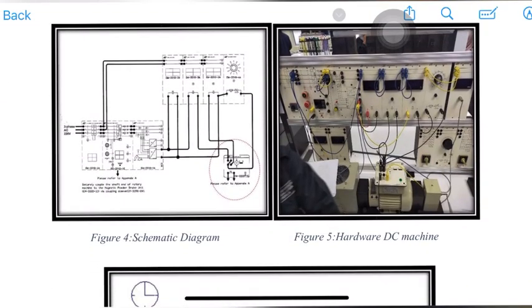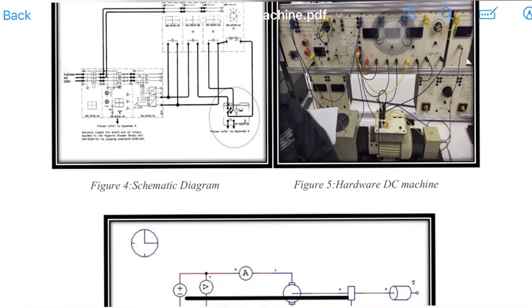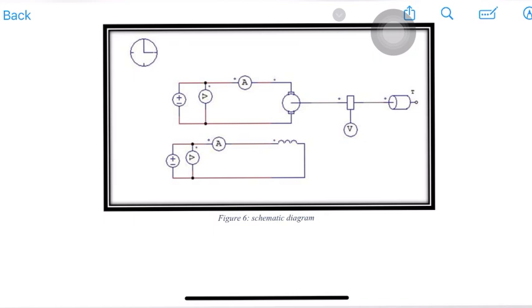After that, this is figure 4, which is a schematic diagram. Figure 5 is the hardware DC machine, and the last one is the schematic diagram.